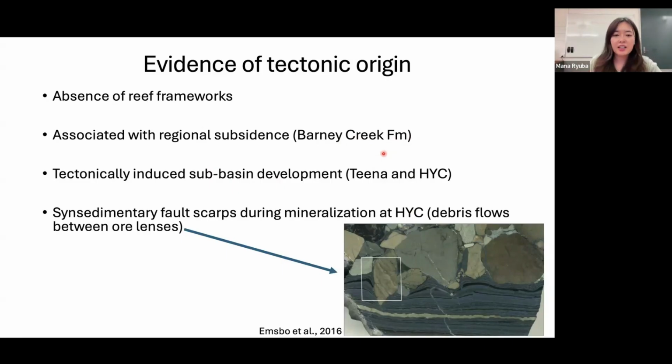This subbasin idea came up through trying to describe the Barney Creek Formation being at different thicknesses regionally. And finally, we have these debris flows that occur between the ore lenses at HYC, suggesting that we have syn-sedimentary fault scarps during the mineralization.